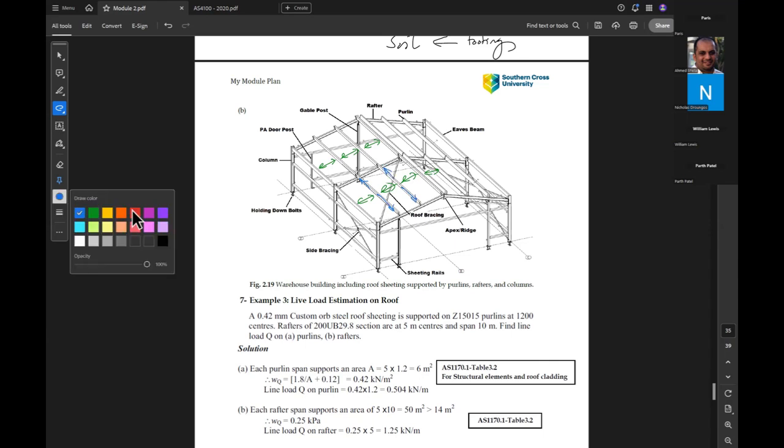Then the rafter transfers the loads in these directions to the columns. And finally, the column transfers the load to the footing. And underneath here, we might have footings, then the soil.